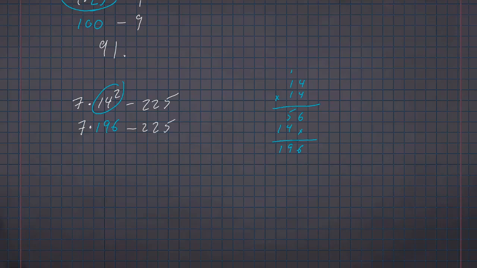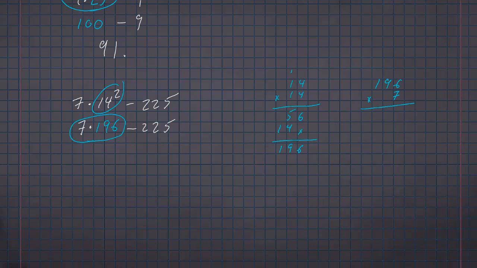Next, I'm looking at 7 times 196. I will again come off to the side of the page because I don't know what 7 times 196 is. I know estimating it will be really close to 7 times 200, which is 1,400, but I don't know exactly what it is.